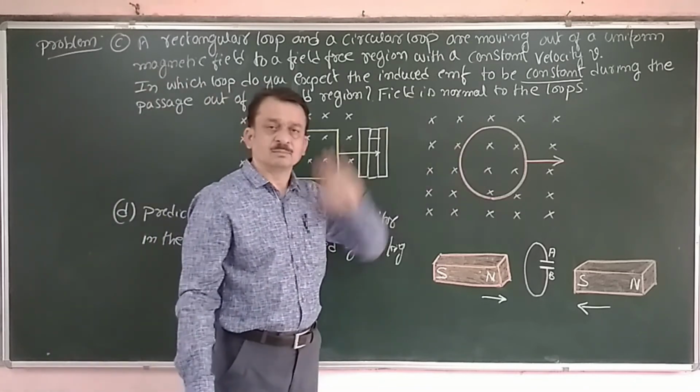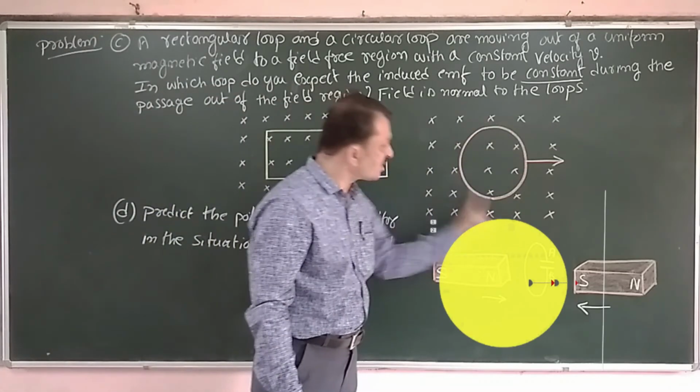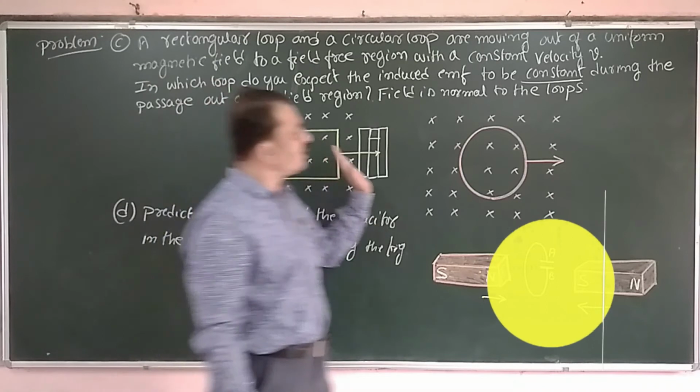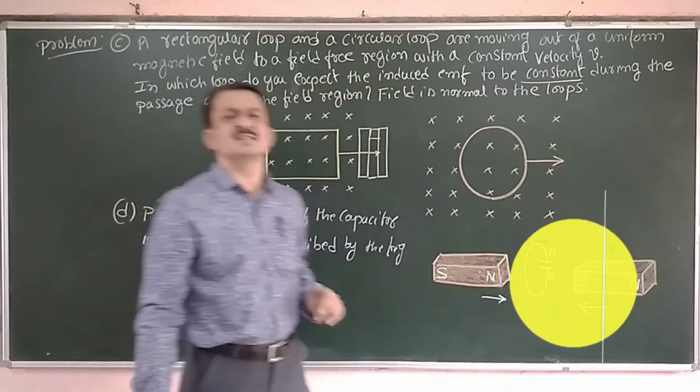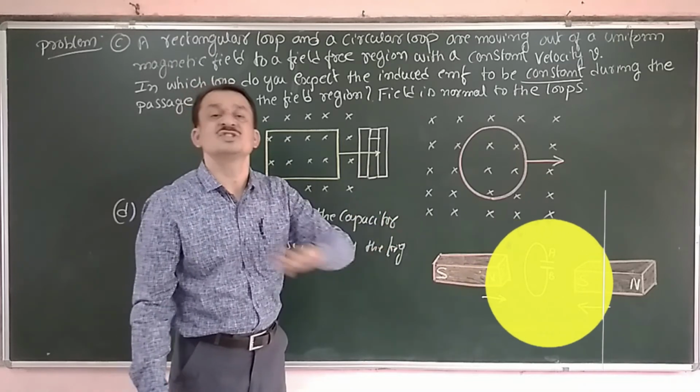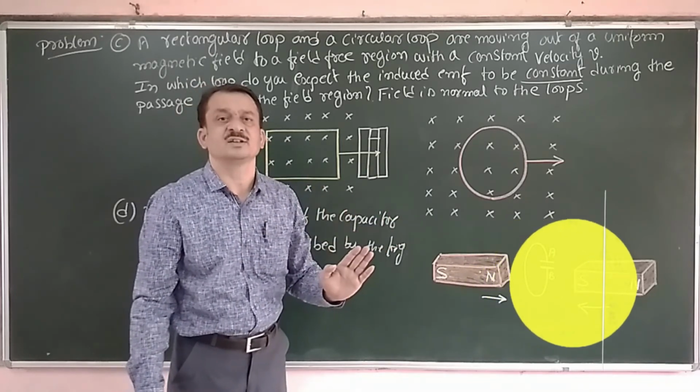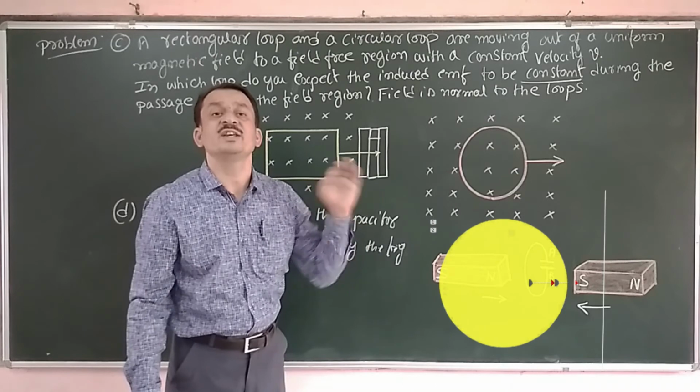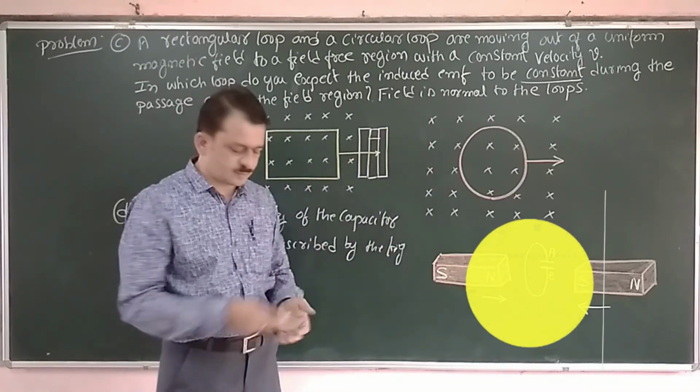Now look at this diagram. In the case of a circular loop, as and when it moves away from the field region, the area of cross section is not constant. It goes on varying because of its shape.